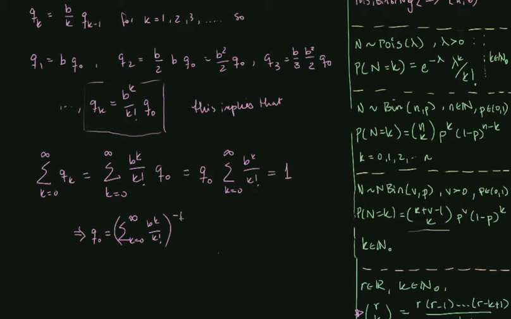So what is this sum? Well, this is the Taylor series for the exponential function evaluated in b. So this is all in all e to the minus b.